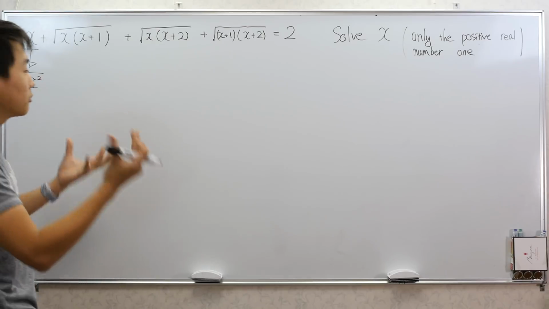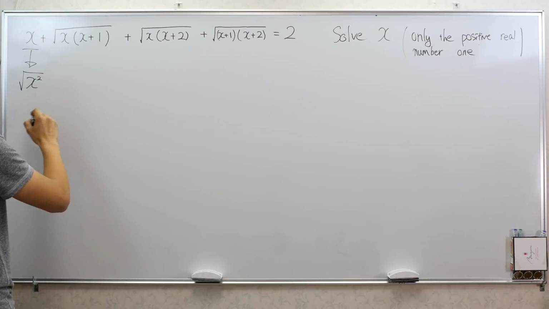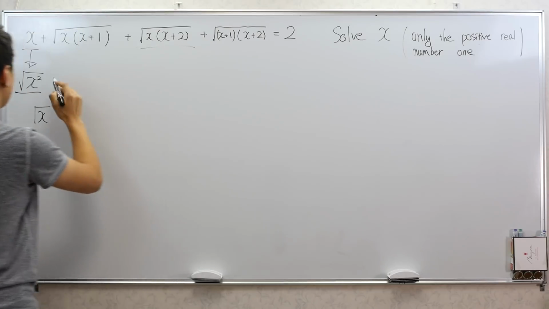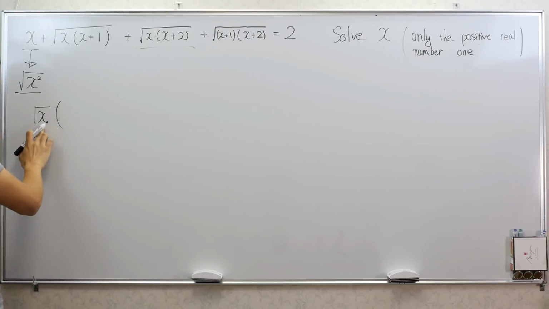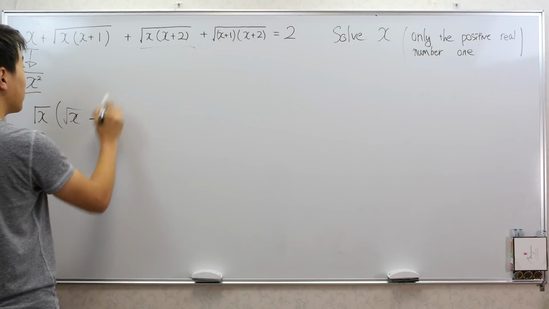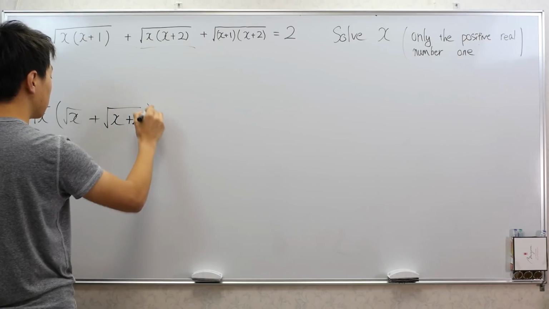After a bit of consideration, I came up with this factorization. First, let me divide this and this by square root of x. You'll be left with the square root, and you take out this x plus 2 part, so it will be like this, right?